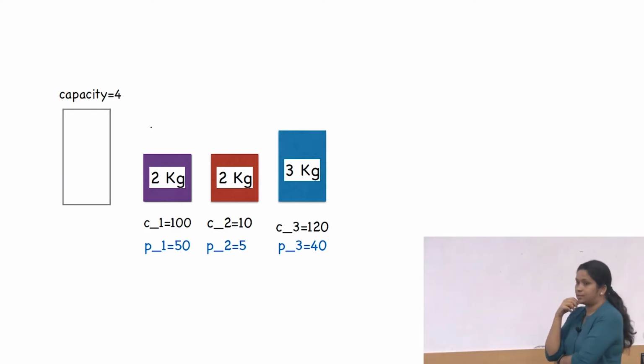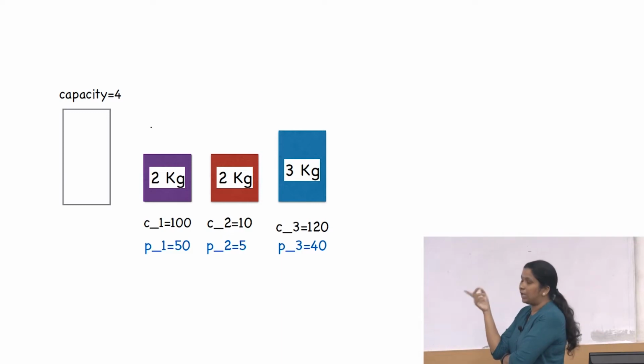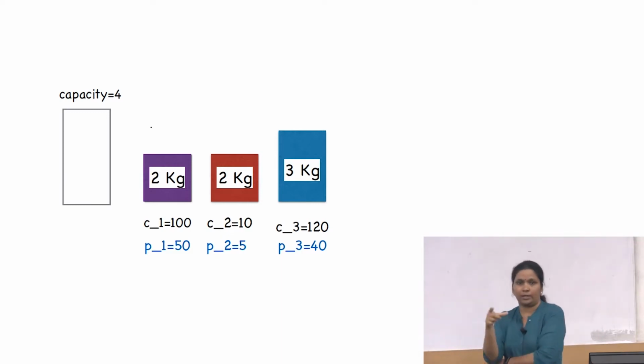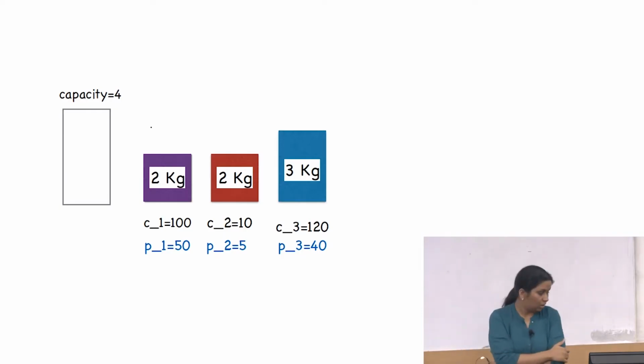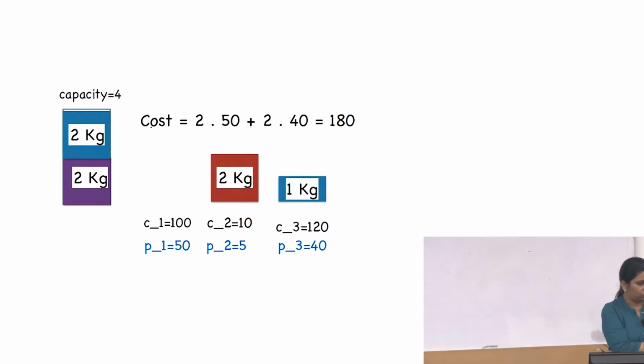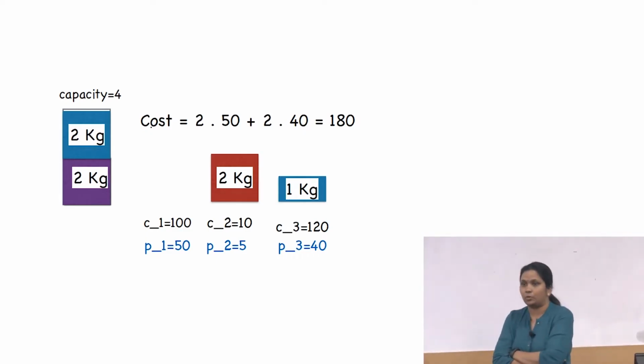The third one has the next largest Pi, 40. But you cannot take the entire 3 kg because you have already chosen 2 out of 4 and you have only 2 remaining. So you take whatever is possible, 2 kg of the third item. So this is the best, or so we claim.